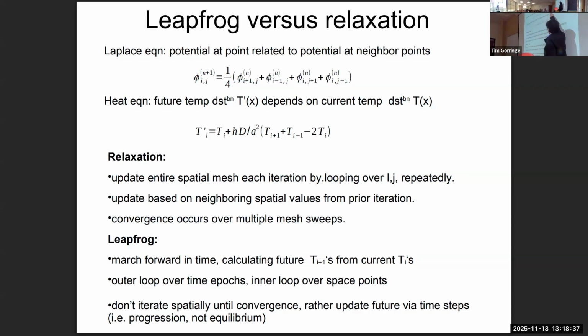Upstairs here, this was the fact that the potential at any location in a space grid is the average of the neighboring potentials. And in this equation, the grid is represented by the i's and j's, which are just the indices that walk over the grid. So in the upper one, I'm not really distinguishing much about the i's and j's.